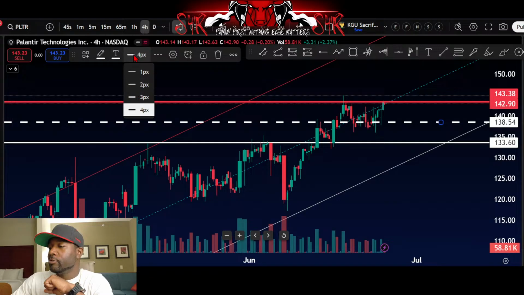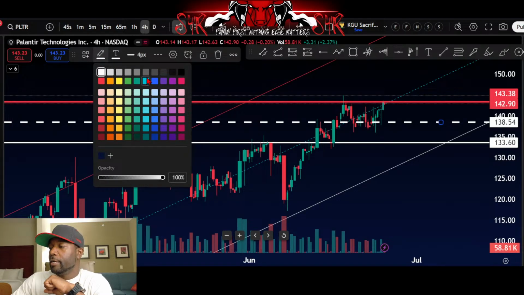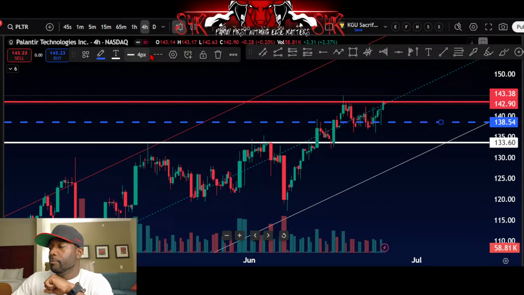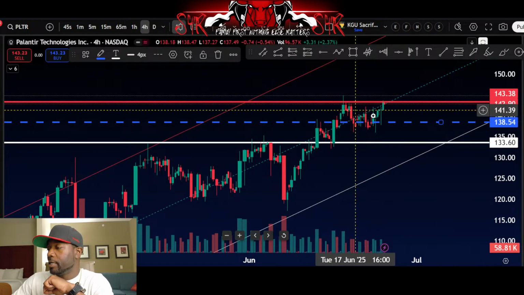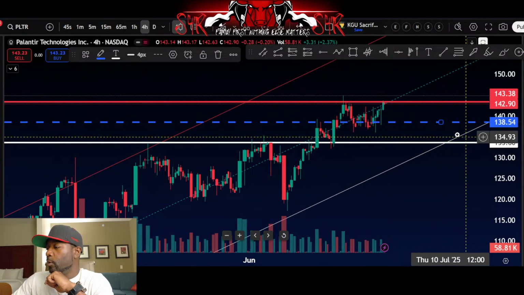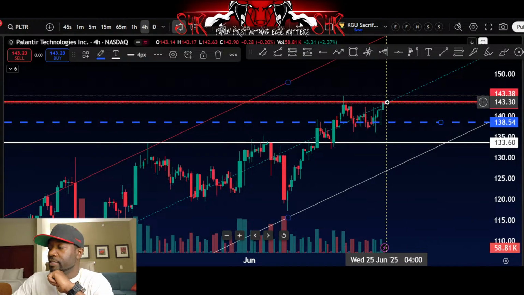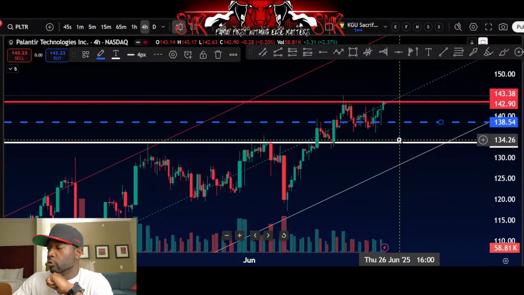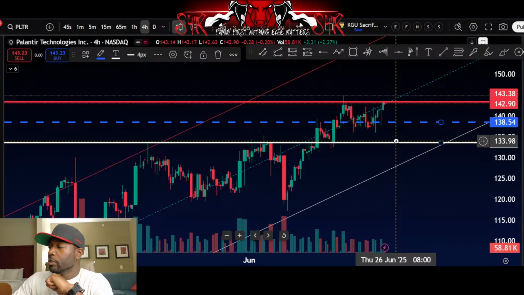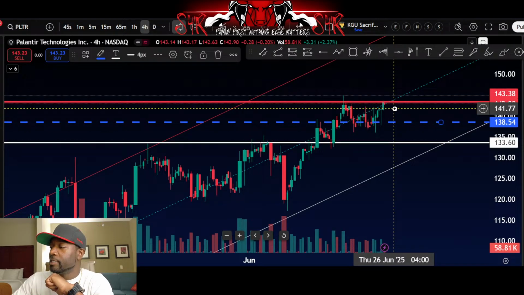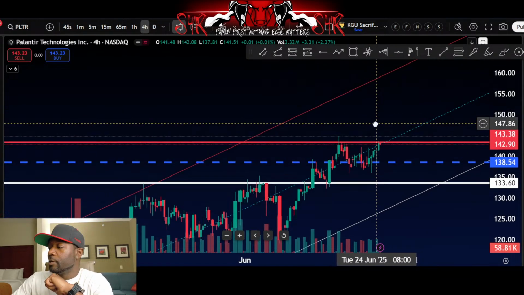Essentially, I draw lines on my chart, and they're all color coded because it lets me know where I am as I'm looking at a chart. So I know that at 138.54, if we're above this line, I'm more bullish. Below this line, I'm more bearish. And I'm looking for reversals at these highs and lows.